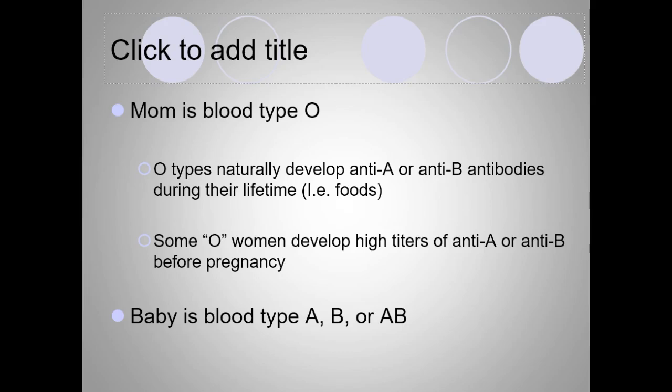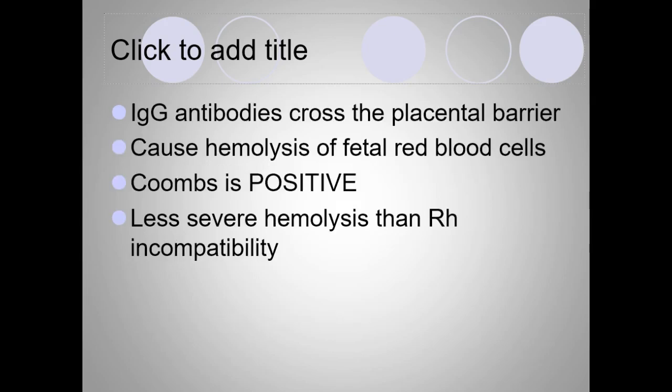So, of course, we know whenever there's an antibody that crosses the placenta and that can affect the baby, we know that there can be hemolysis because these antibodies will then attach to the fetal cells, causing hemolysis of erythrocytes in the baby. As a byproduct of that, we know that there is free bilirubin floating around.